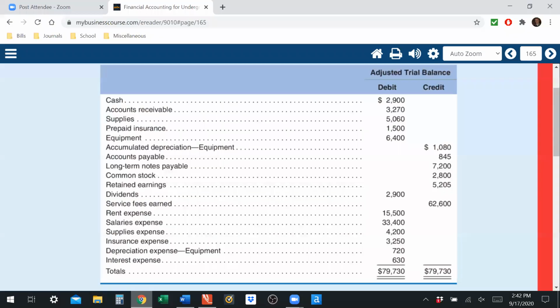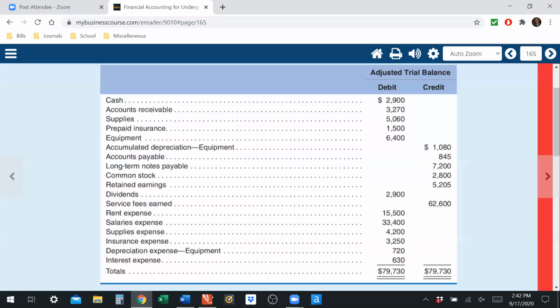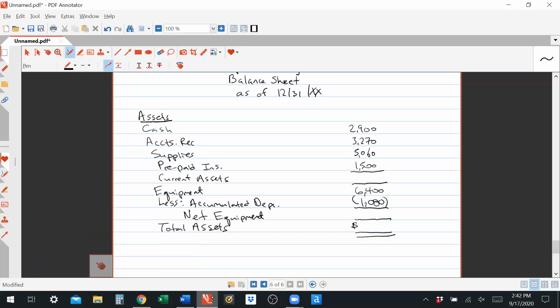Equipment was 6,400 minus the balance in the accumulated depreciation account of 1,050 or 1,080. Make sure I got those right. 6,400 minus 1,080 is 5,320, I believe.